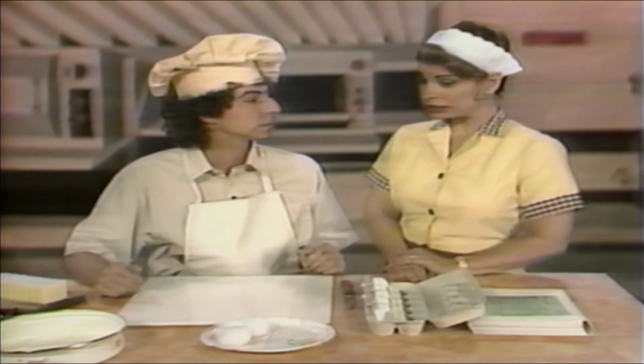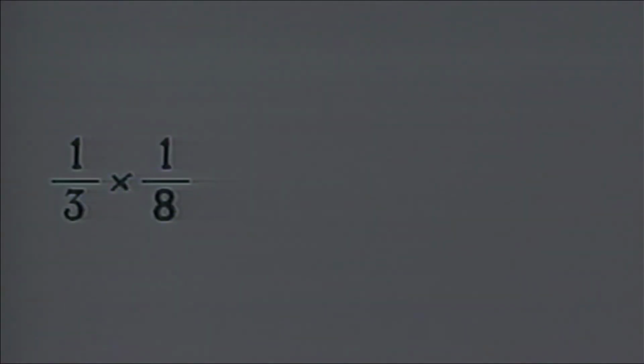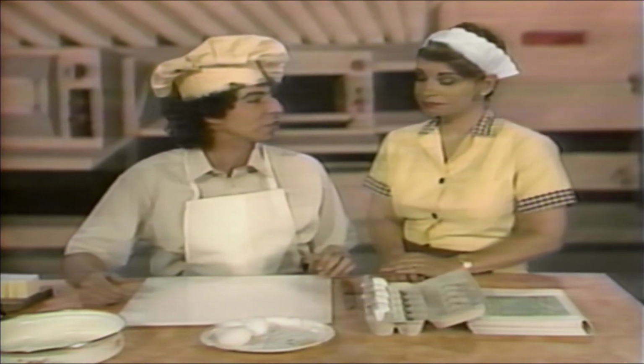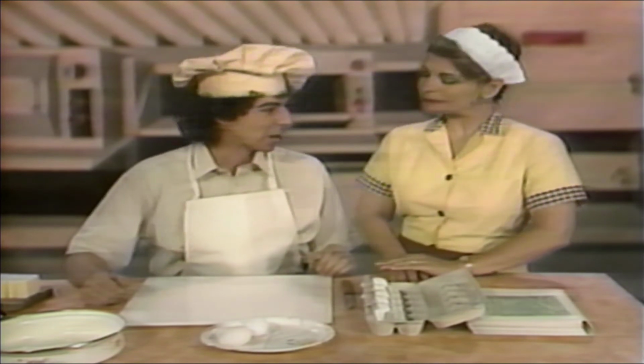How much cheese is that? 1/3 of 1/8 is 1/3 times 1/8. That's 1 times 1 over 3 times 8. And that's 1/24. Your omelet will contain 1/24 of a pound of cheese. That sounds great. I'll take it. Coming right up.